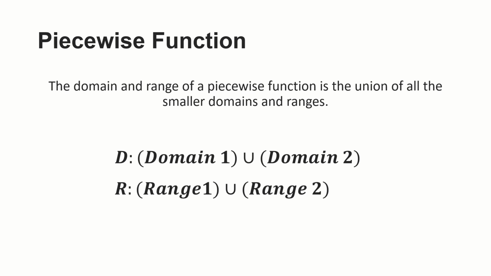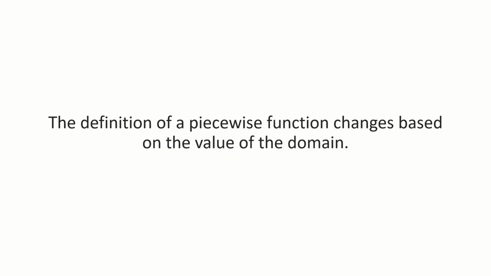To get the domain, we need to get the union of the domains of these subfunctions, and to get the range, we need to get the union of their ranges. Later on, we will have a step-by-step procedure on how to determine the domain and range of a piecewise defined function.